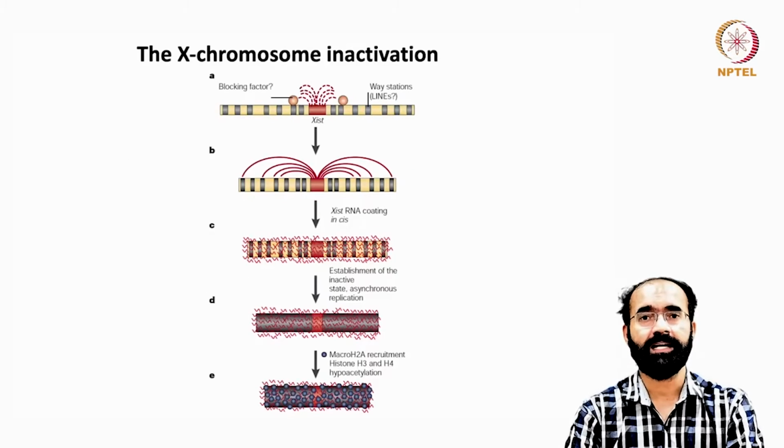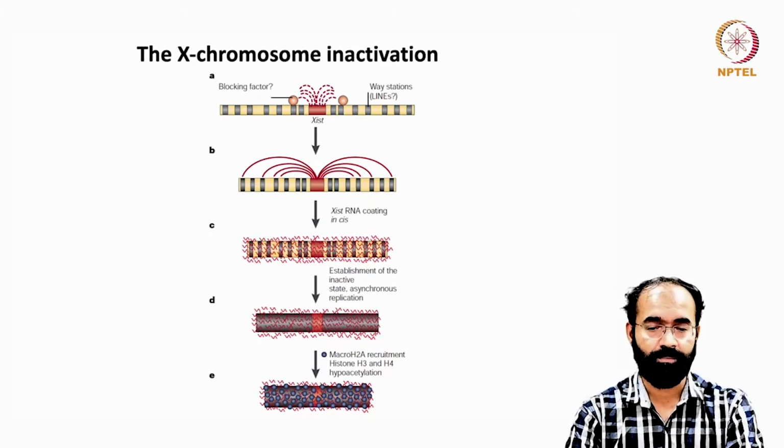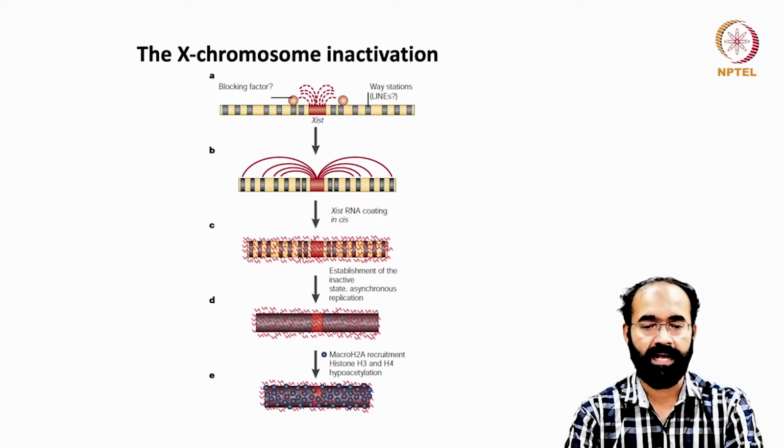So now let us see in a cartoonish manner how X chromosome inactivation is taking place. So this is the X-inactivation center and the central point is the Xist RNA itself.